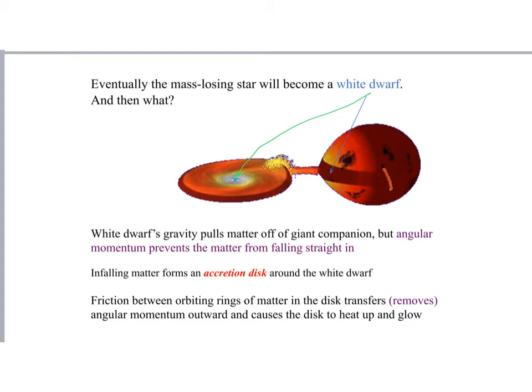However, because the angular momentum prevents the matter from falling straight in, that fall of matter is going to happen in a disk-like configuration, right? So it's all because the angular momentum needs to be conserved.